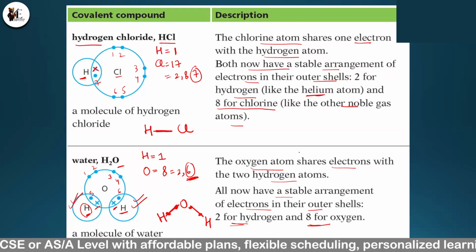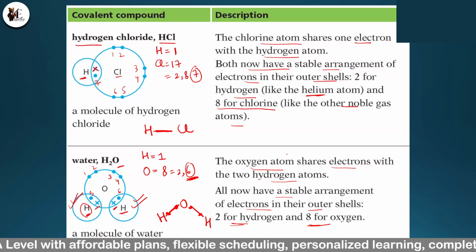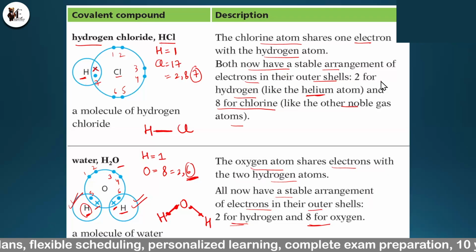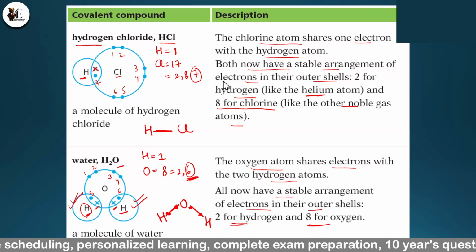Okay, so draw it. Draw the covalent bonding in hydrogen chloride and in water. Draw it on your own, and if you find any difficulty, then please let me know.